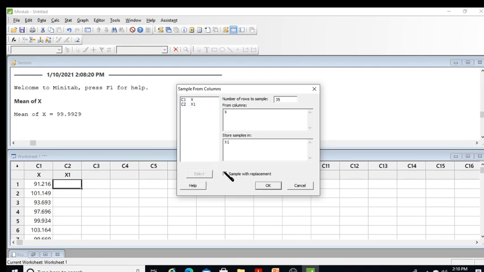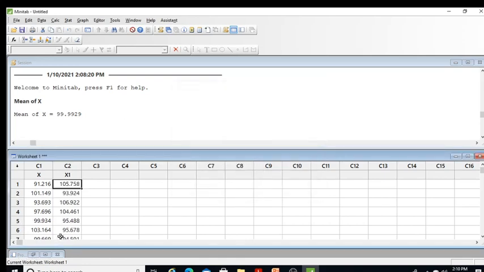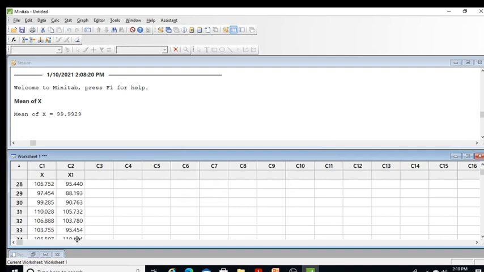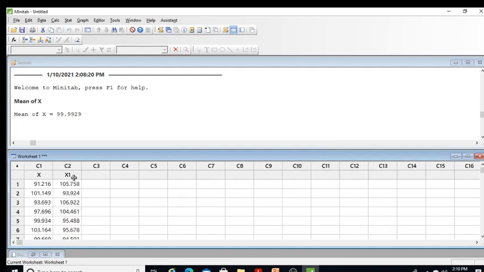I'm sampling with replacement, which means every time you have 35 sample elements available, and once we pick one, we return it back. So once I do this, I am able to generate 35 samples here. So 35 elements have been taken from this population column X. So X1 would be my first sample.